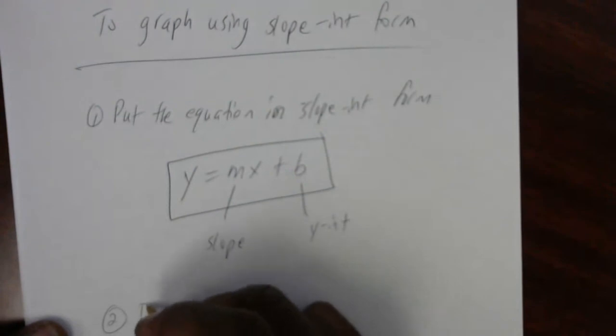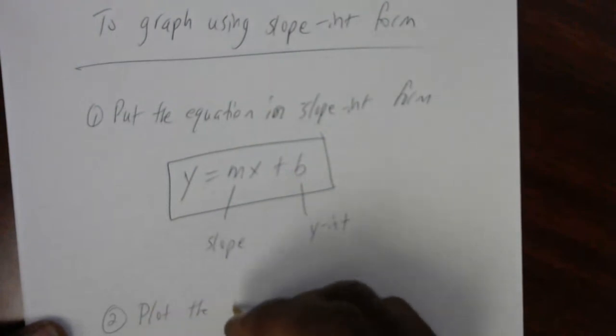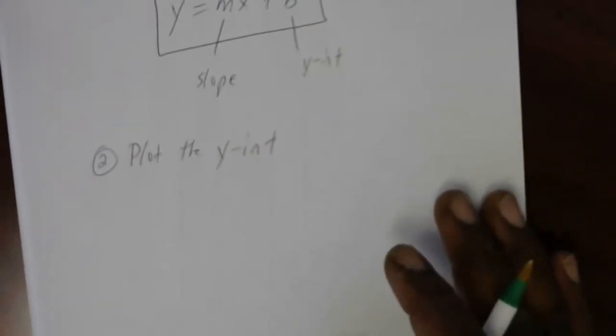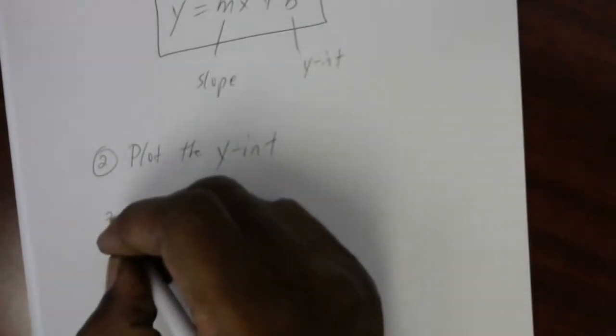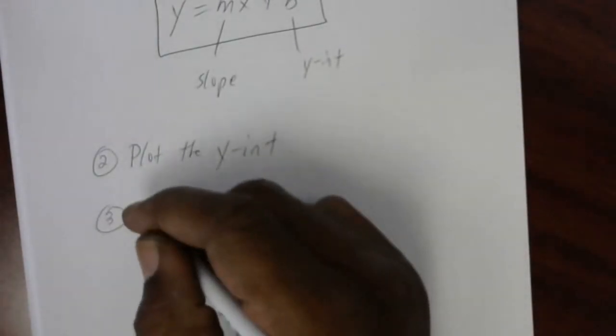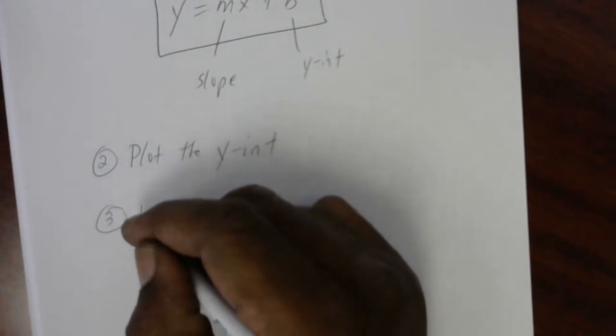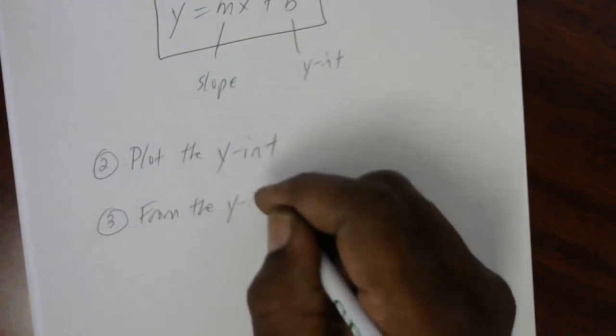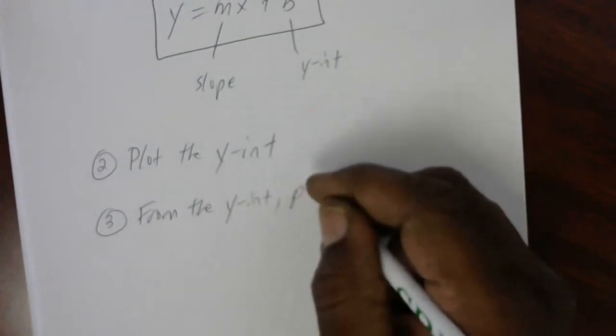The second thing you do is you plot the y-intercept. The third thing you do is from the y-intercept, you plot the slope.